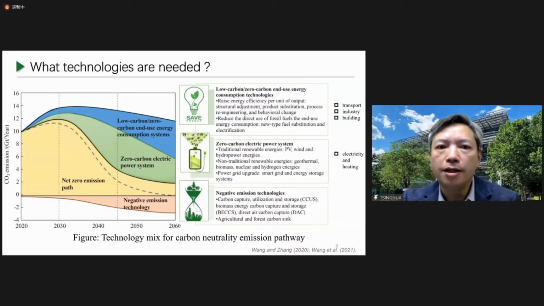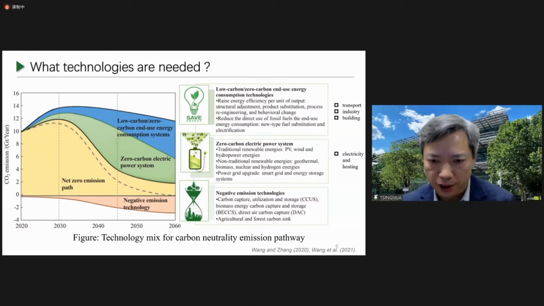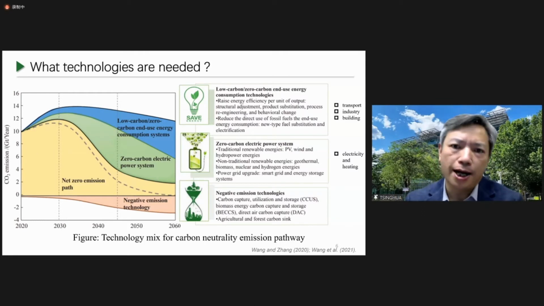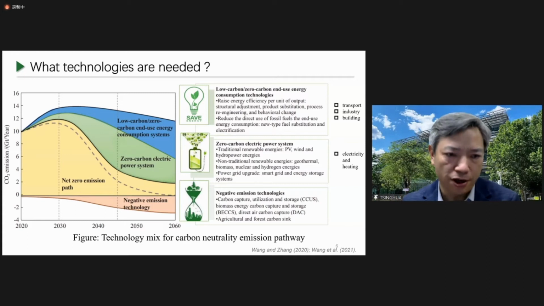Now, let's return back to the question of what technologies are needed to realize carbon neutrality goal. This slide shows a schematic drawing that illustrates the net zero emission pathway and its underlying supportive technologies.